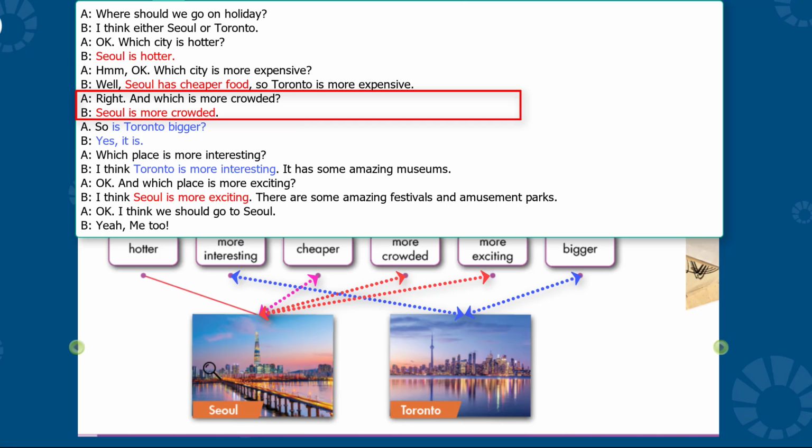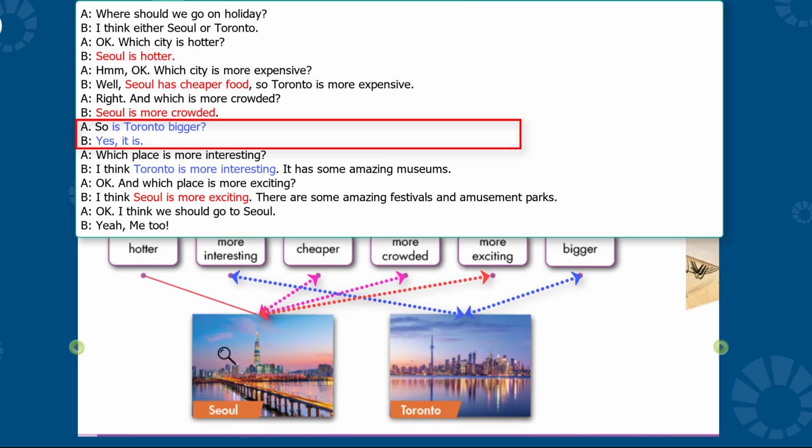Right, and which is more crowded? Được rồi, vậy cái nào thì đông đúc hơn? Nơi nào thì đông đúc hơn, right? Seoul is more crowded. So here, more crowded, we draw line more crowded to Seoul, right?